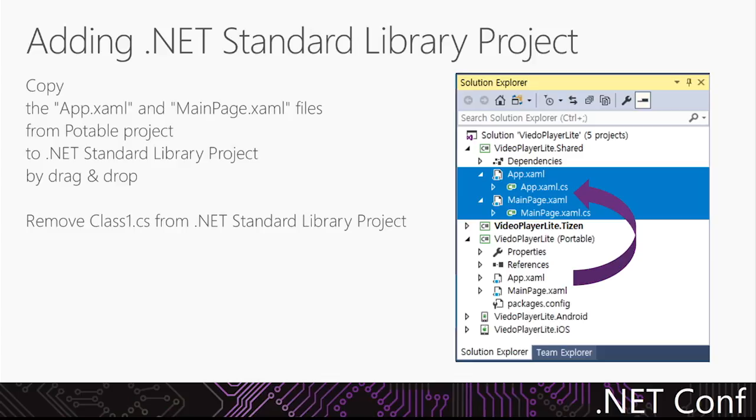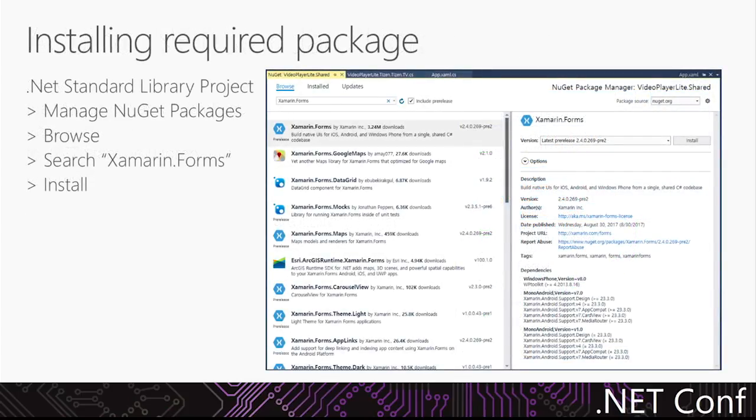Then also don't forget to remove the files originally in the shared project. After that, also don't forget to install the required packages. For example, Xamarin Forms needs to be added to the shared project because it is based on Xamarin Forms. So the shared project will be hosting Xamarin Forms to run your application properly.